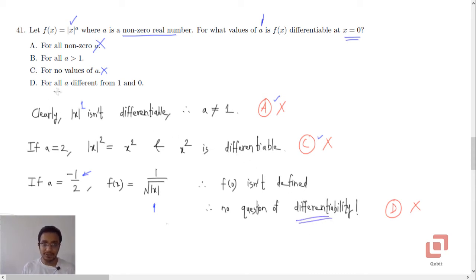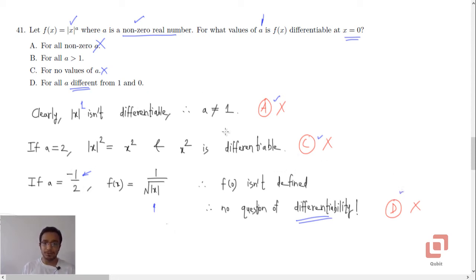So D is ruled out, because D says that for all values of a different from 1 and 0, it is differentiable. If a is not equal to 1, and definitely it can't be 0 because they have said that it is a non-zero number, then for all other values they say that it is differentiable at x equal to 0, but we have now picked one value of a, that is negative 1 upon 2, where it is not.